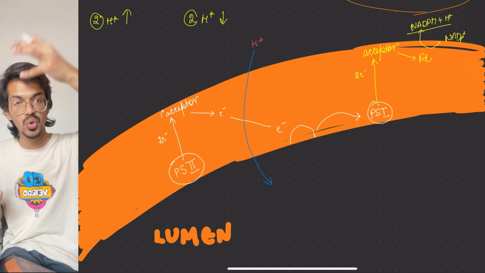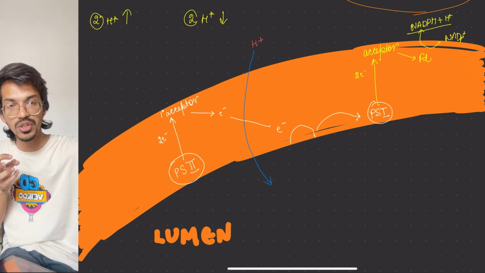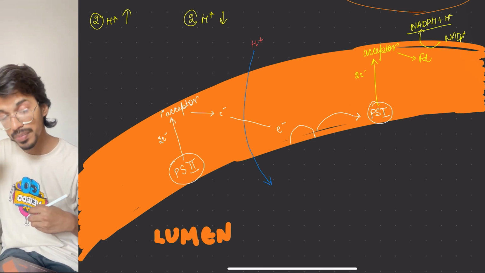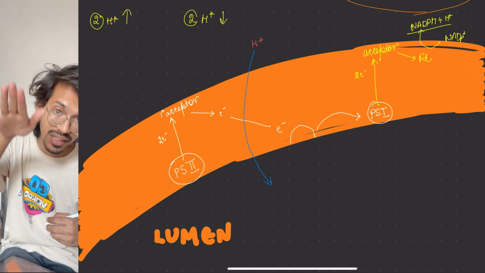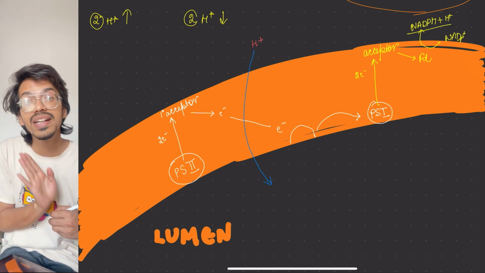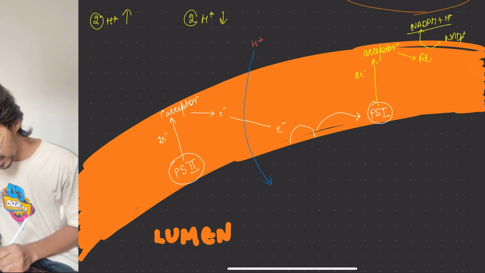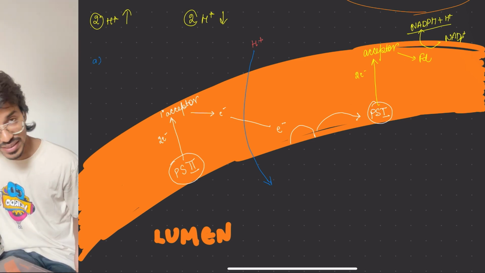First H positive goes to the carrier, then the carrier gives it to the next carrier, and the hydrogen goes inside. So outside it gets reduced, inside it gets increased. So the first way is through this way. So option A is this.